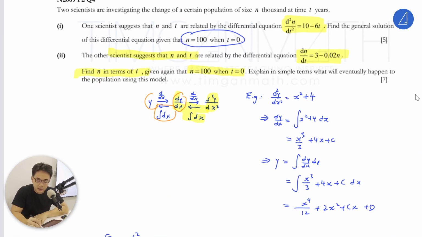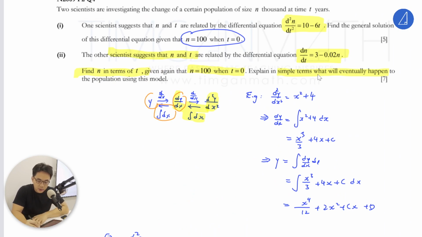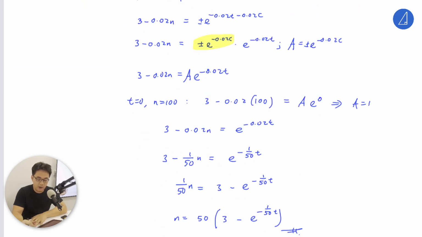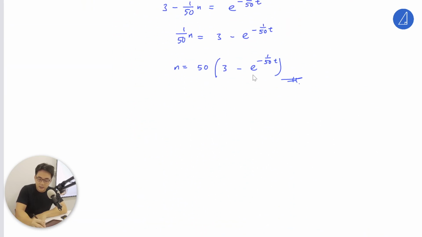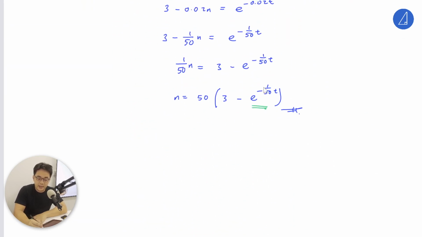Explain in simple terms what eventually happens to the population using this model. So eventually means when t goes to infinity. Eventually you just keep going on forever. You should know by now that this will go to 0, because it's negative. As t goes to infinity, e^(-1/50 t) will go to 0.